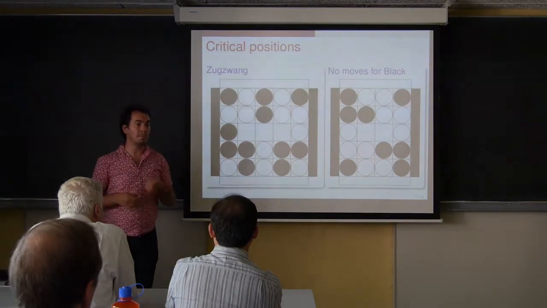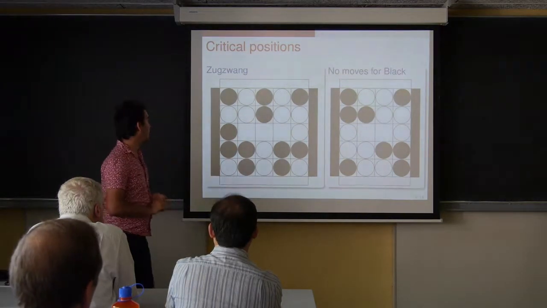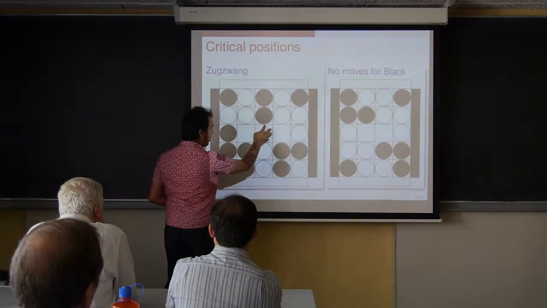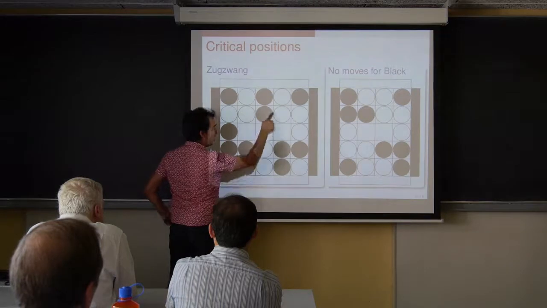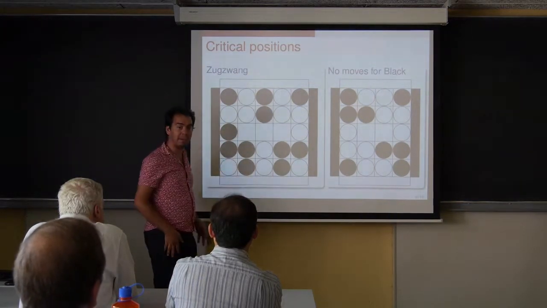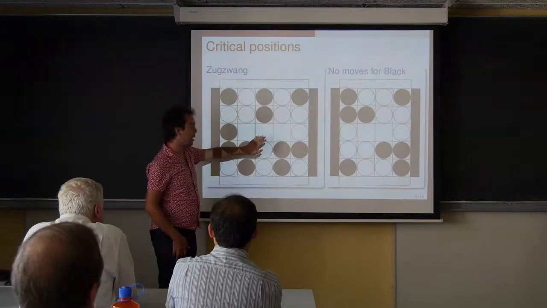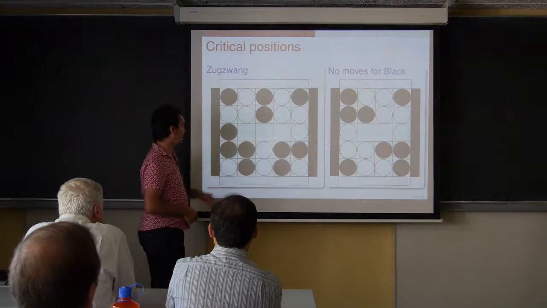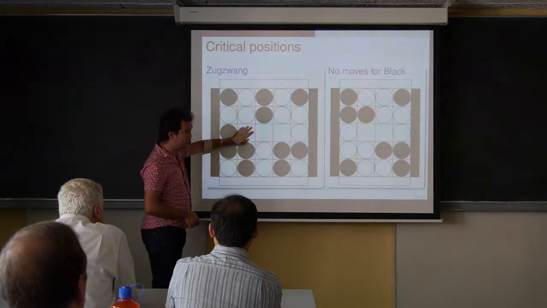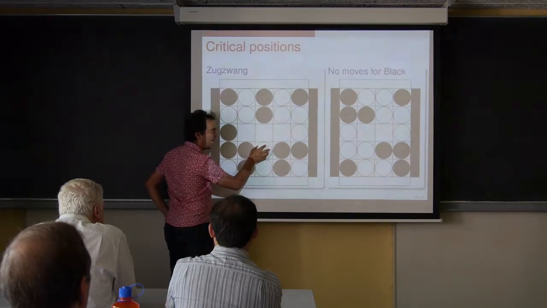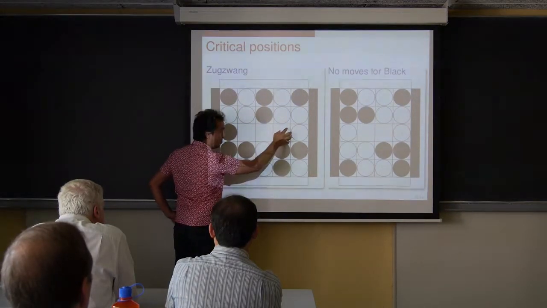So white needs to move plus add. If white adds a stone here, then we have a forbidden pattern on the left and on the right. So even if we move something on the left, the right will remain problematic. So white cannot add a stone in the middle. Now if white adds a stone here, then we have a problematic pattern here, so this stone has to be moved here.